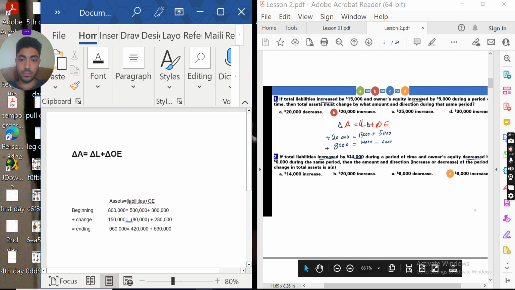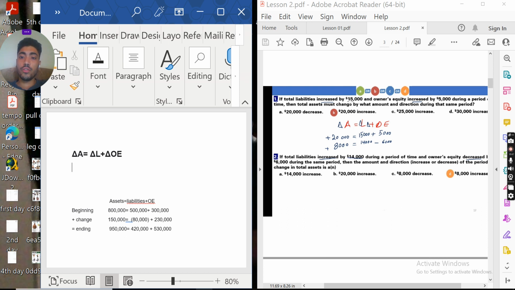Okay. So if total liabilities increased by 15,000 and owner's equity increased by 5,000, let's start. Total liabilities increased by 15,000, so we will write 15,000 plus owner's equity increased by 5,000. 15,000 plus 5,000 equal 20,000 positive.